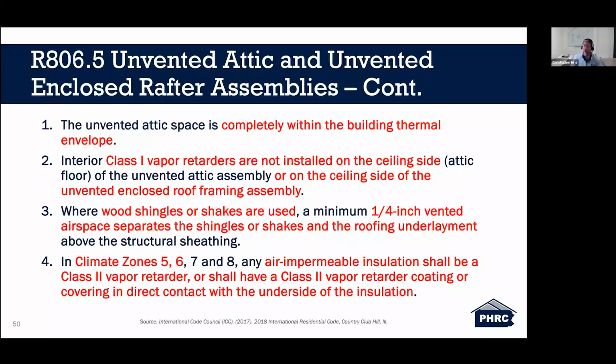Air impermeable insulation: closed cell spray foam, open cell spray foam, rigid board, they're air impermeable insulation. However, it shall be a class 2 vapor retarder, and if it's not, you have to apply a coating that is a class 2 vapor retarder directly in contact with the underside of the insulation. It's critical when we move forward here.